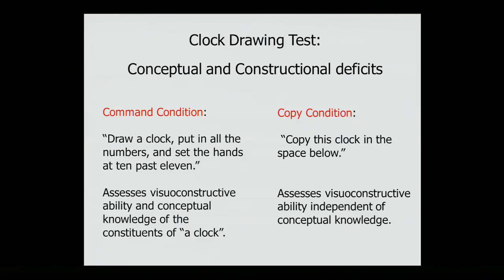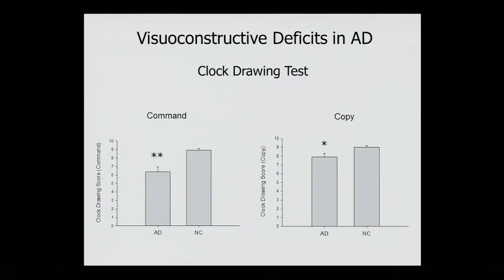You have to understand what a clock is, what the components of a clock are, and how they relate to each other. To try to separate those two, we also give a copy condition where I just give you that picture I showed you before of a clock and say, copy this in the space below it. That way I can look to see if you have a visual constructive problem independently of having to really know the conceptual aspects of a clock. You don't even have to know what a clock is in order to copy the figure that you're looking at.